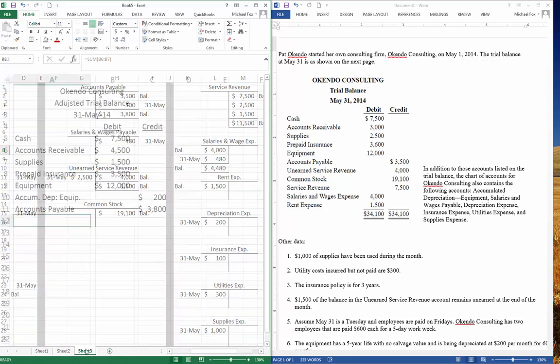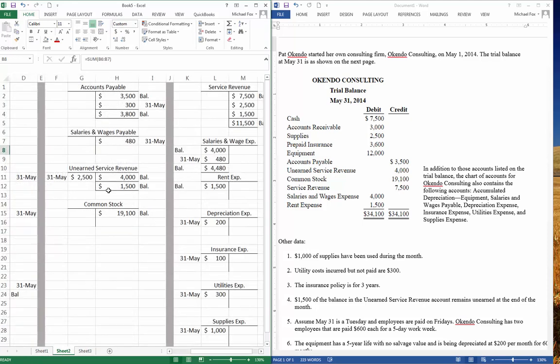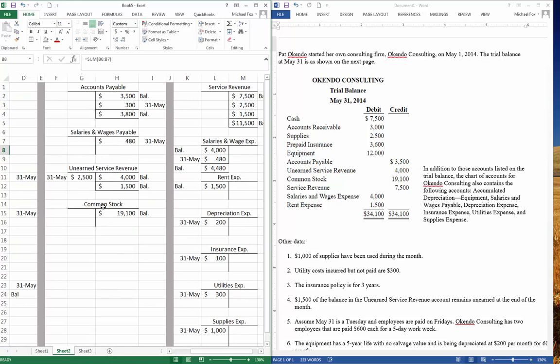Salaries and wages payable, 480. I'm sure at this point some of you are fast forwarding through this. Unearned service revenue, 1,500. And then common stock, 19,100.